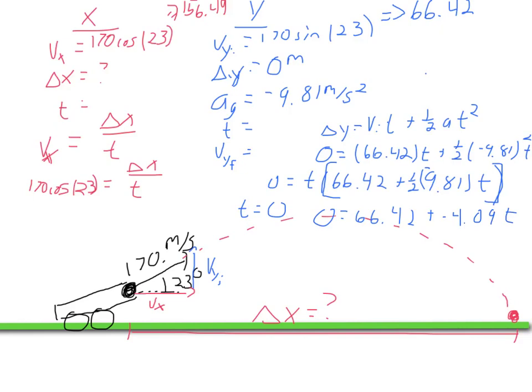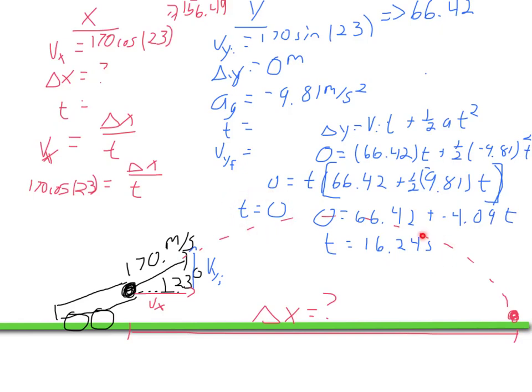More on the why the t equals 0 here in a moment. So now it's just algebra. I work the algebra around, right? Subtract the 66.42, divide by the negative 4.09, and you get t equals 16.24 seconds. So now you might ask, well, hold on, I've got two times.